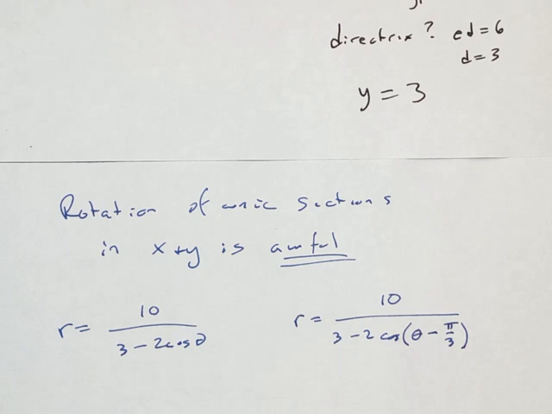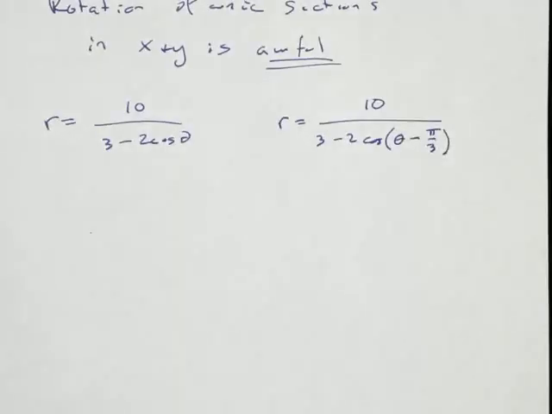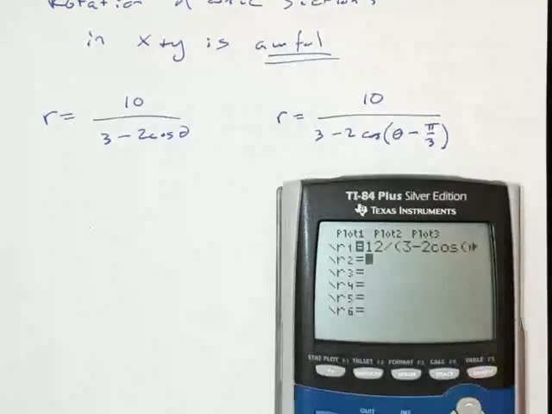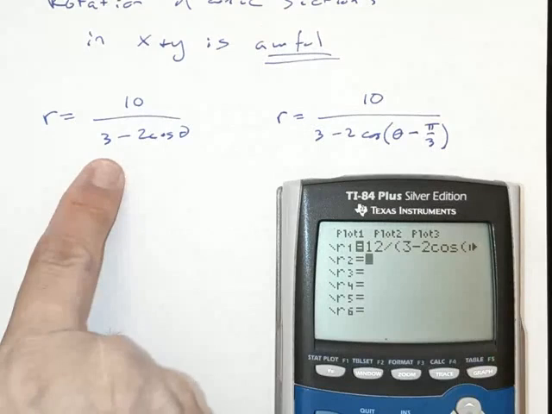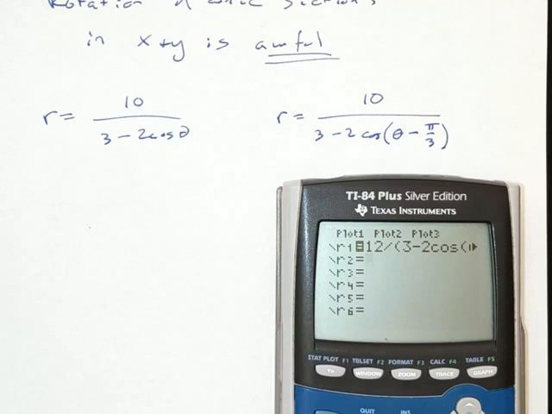What happens when you graph that equation? We know what this picture looks like. This picture looked like an ellipse that was over here on the left, yes?